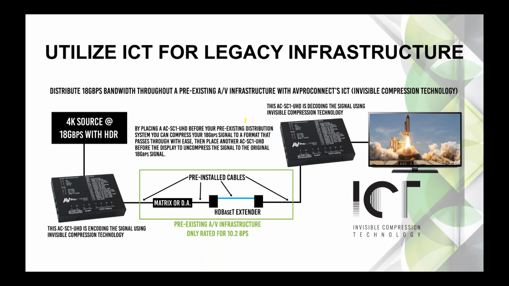Then if you put our box in front of the first repeater or the matrix, we'll do that color compression, the ICT compression, so it can pass through this 10.2 system, and then at the other end we come out and convert it back, and now we're 18 gig coming out into the TV.